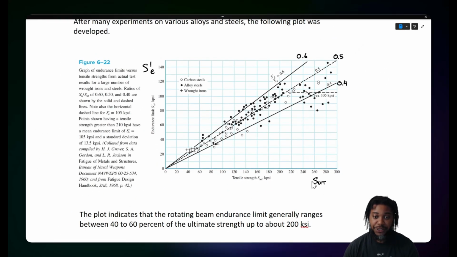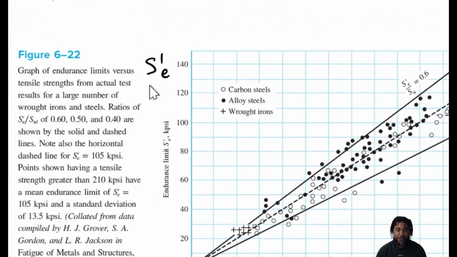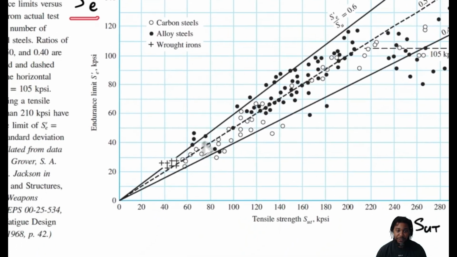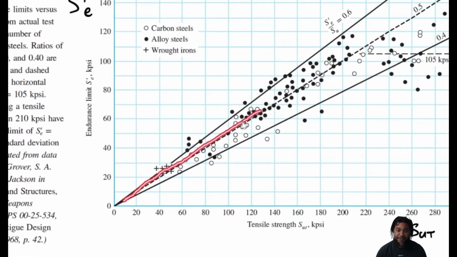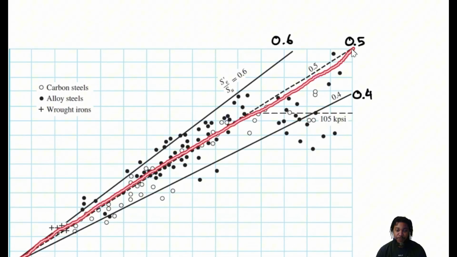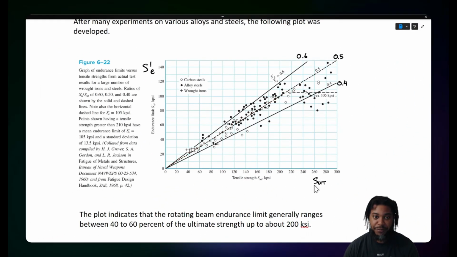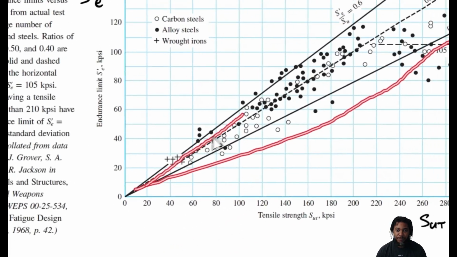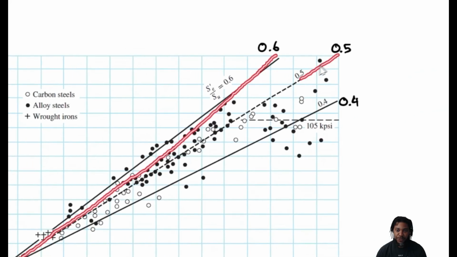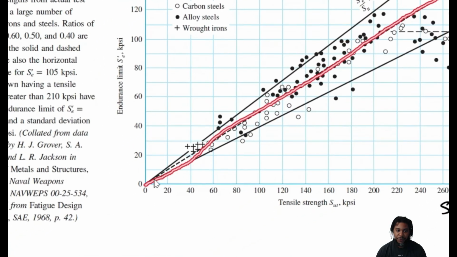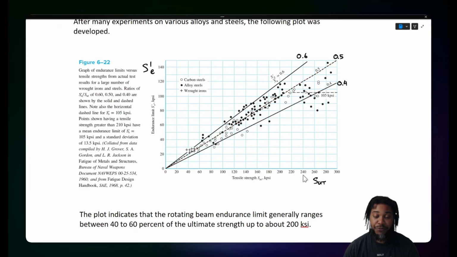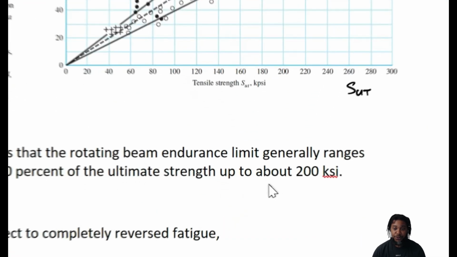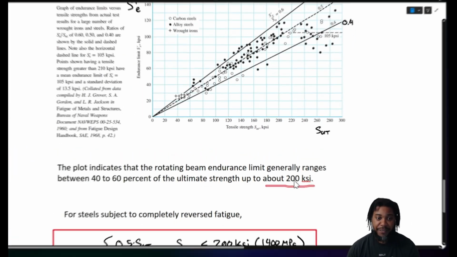When we look at the relationship between ultimate tensile strength and the rotating beam endurance limit, we can see that on average there is a 50% relationship between them; they are about half of each other's value. There are some lower and upper bounds, of course, but if we just want a generic term, 50% seems pretty reasonable, up to 200 KSI.